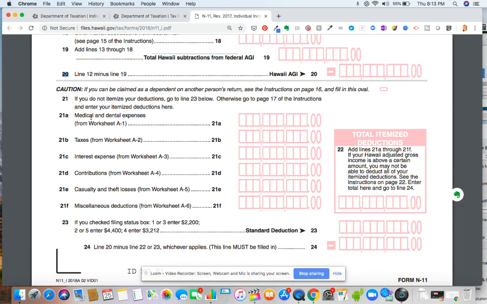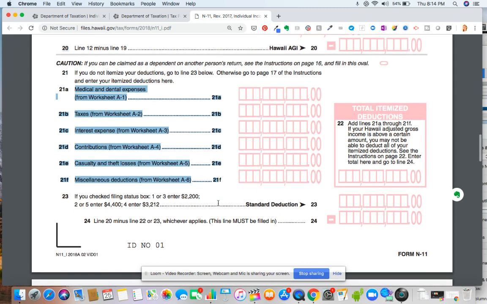Then down here, we're going to essentially look at itemized deductions. These you'll recognize from the Schedule A, itemized deductions. We basically calculate our own itemized deductions for Hawaii.